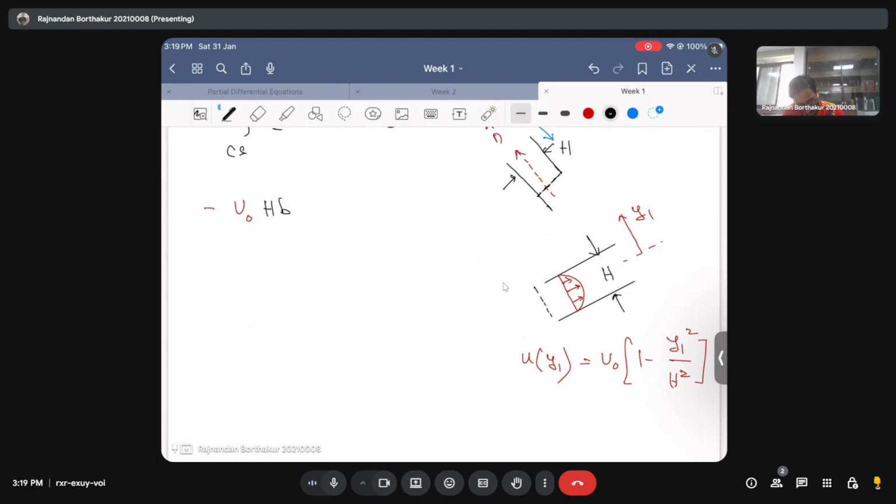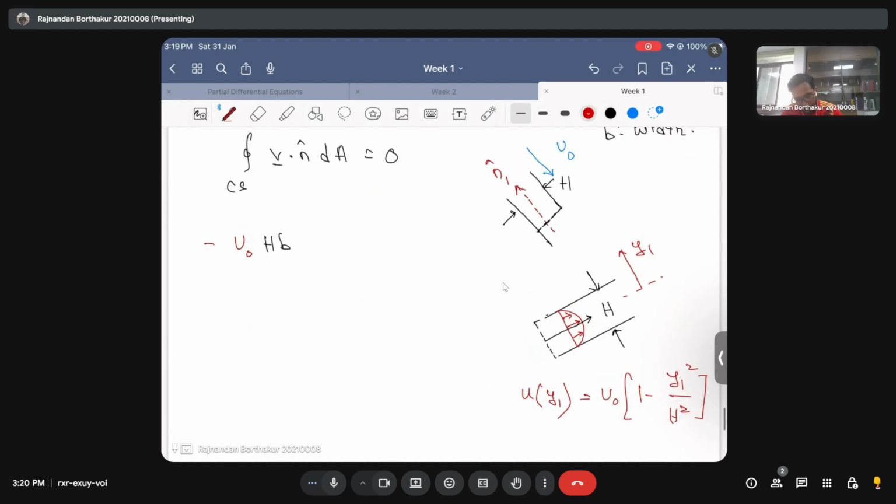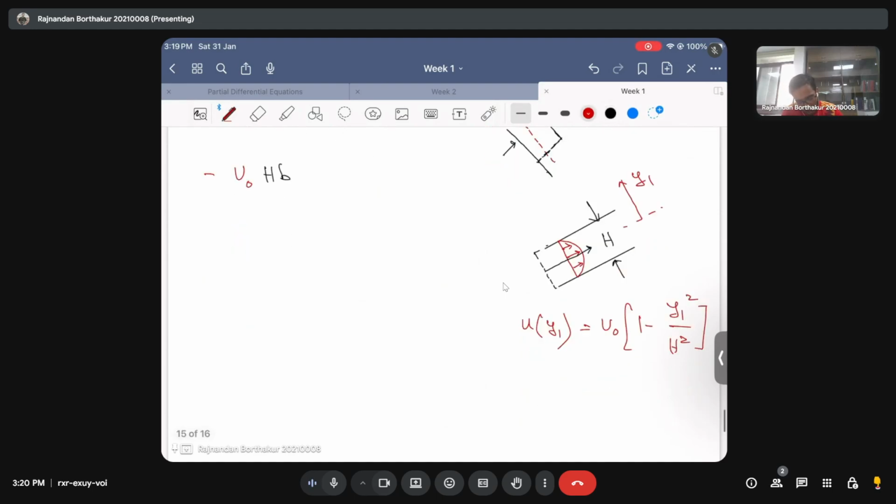If I now draw the control surface for this, you can see the unit normal in this direction, which I'll call n1 hat, and this unit normal is n2 hat.